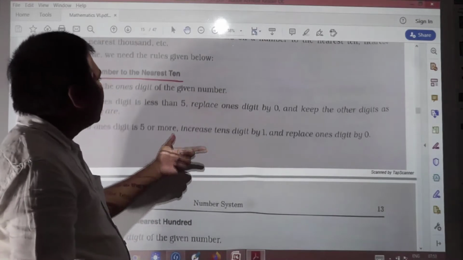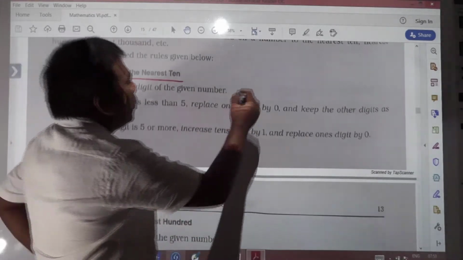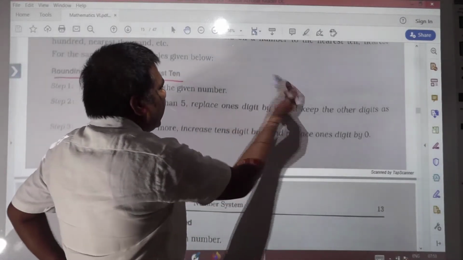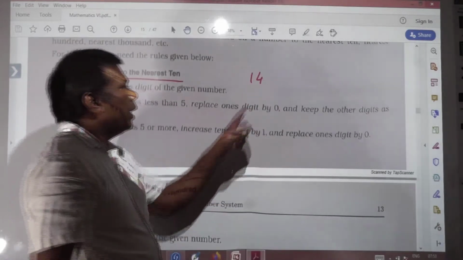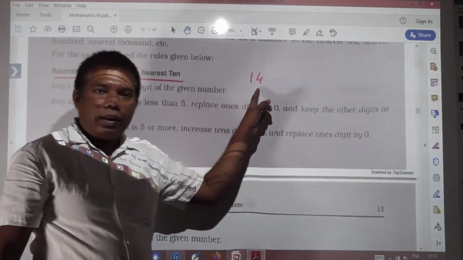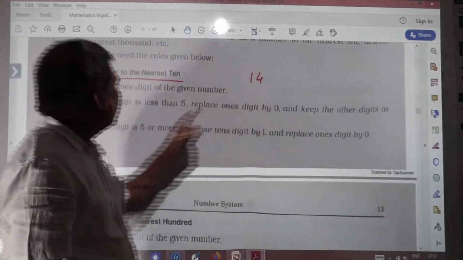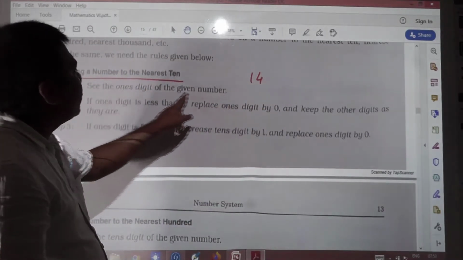So here we will take some examples. Suppose you have a 2-digit number, any 2-digit number. Suppose you have 14 and you need to round it off. What do you need to do? See the ones digit of the given number.